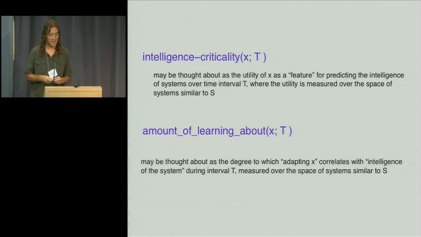Intelligence criticality of a system feature X is basically how useful that feature is for predicting the intelligence of the system. And then you can formulate that mathematically. Presumably, how well I can throw this up and down is not going to be that useful as a feature for predicting my intelligence in the environments I usually operate in, although in some environments it could be.